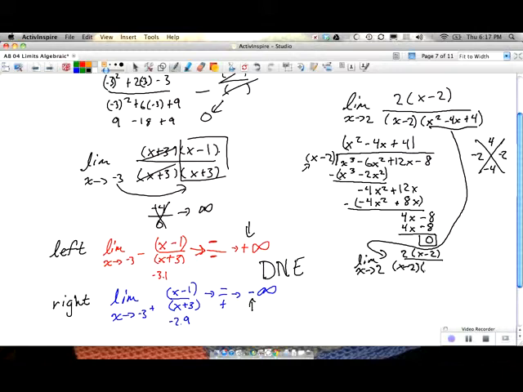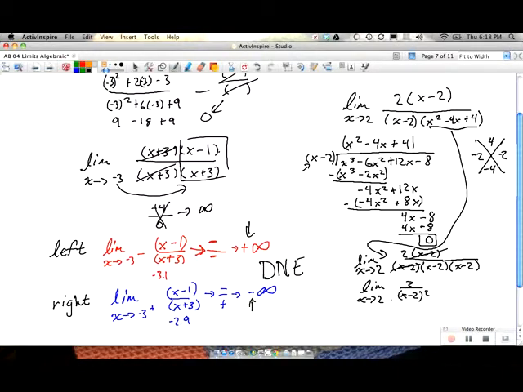Negative 2 and negative 2. So it's going to be x minus 2 times x minus 2 times x minus 2. That's interesting, because now we still have an issue. Even though we can simplify x minus 2 on the top and bottom, we still have a couple of them down here. So we really have the limit as x approaches 2 of 2 over x minus 2 squared.